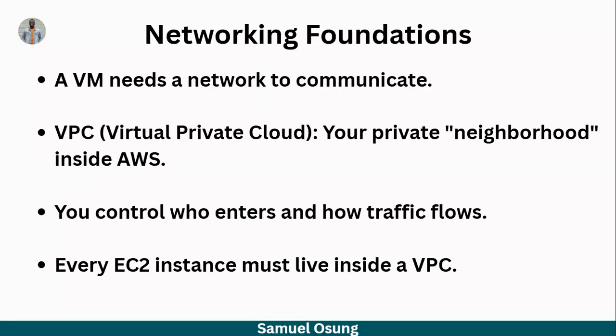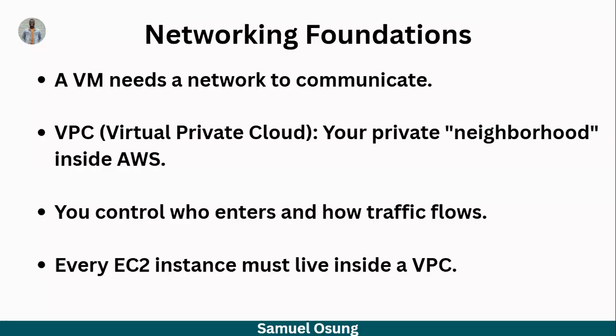Now let us understand something. Before creating an EC2 instance, we need to understand on a beginner level what exactly networking is. A virtual machine needs a network to communicate. A virtual machine is useless if it cannot communicate.